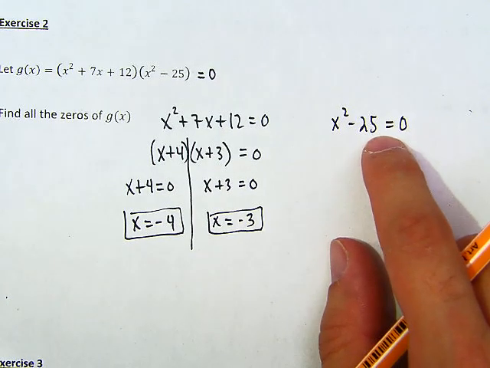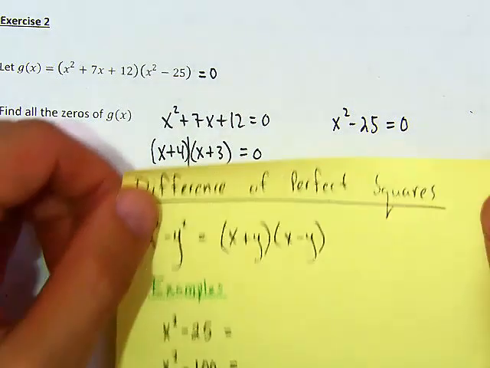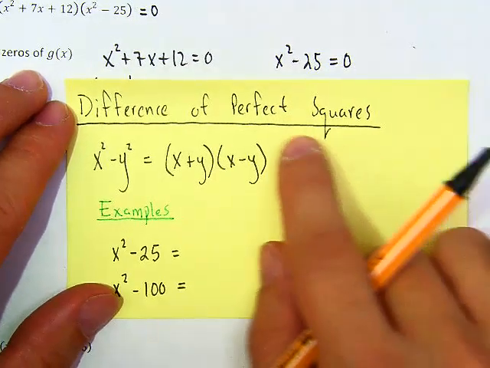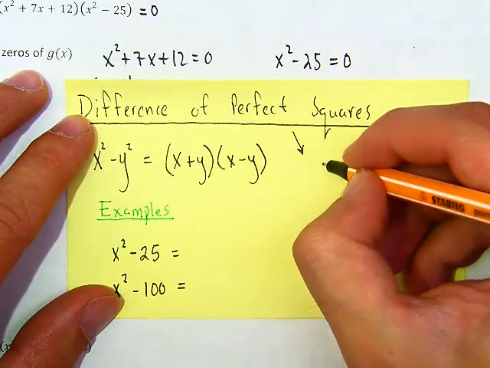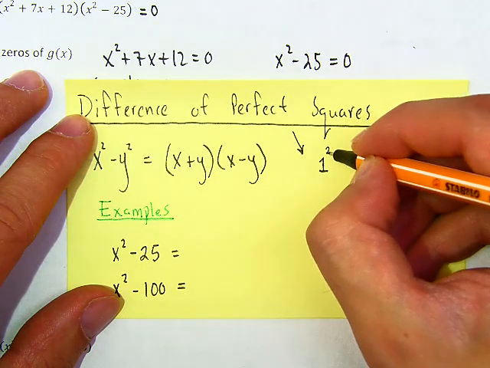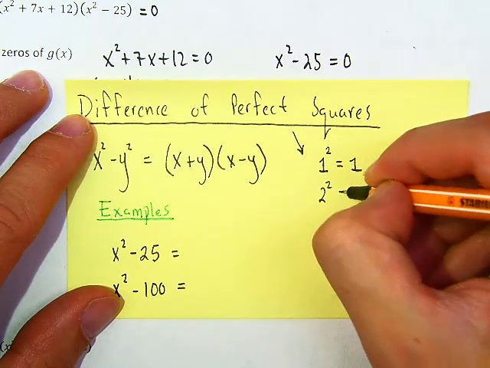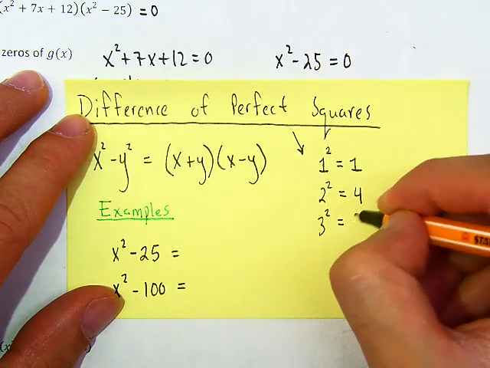And what about this technique over here? If you haven't practiced this technique before, this is what we call a difference of perfect squares. What do I mean by a perfect square? Let's think about it. What is 1 squared? What is 1 times 1? 1. What is 2 squared? 2 times 2, 4. 3 squared, 9.